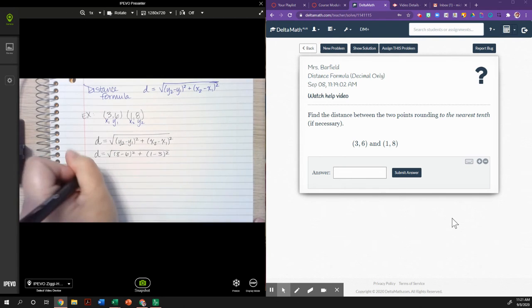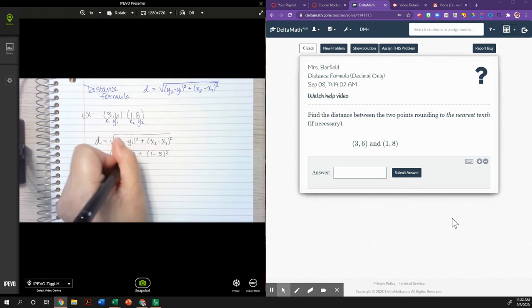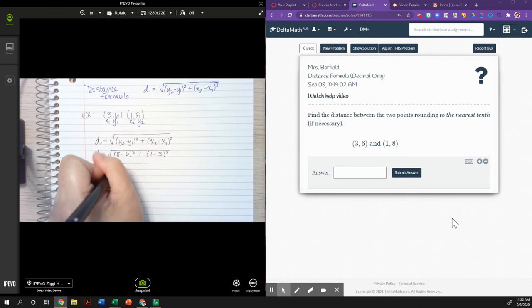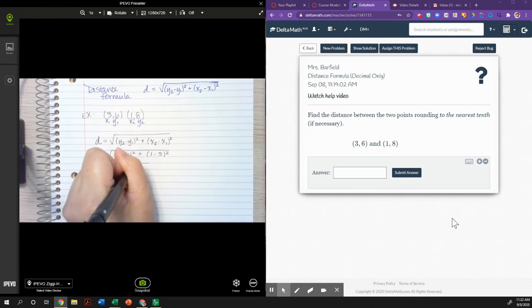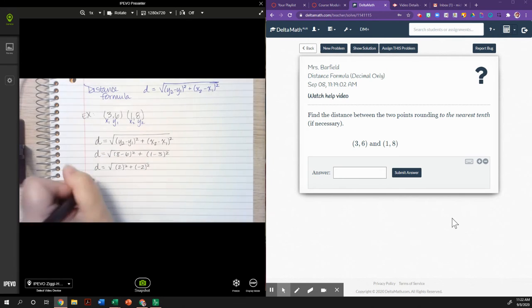So D equals, now I'm going to do a little bit of simplifying because I like to type a very short problem into my calculator. 8 minus 6 is 2, so 2 squared plus, in parentheses, 1 minus 3 is negative 2, squared.